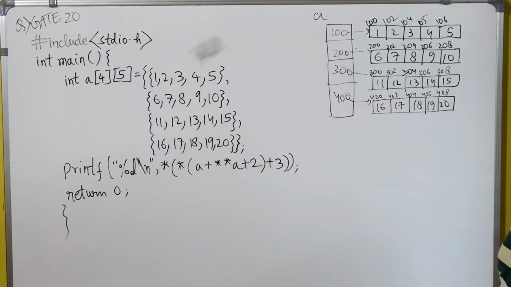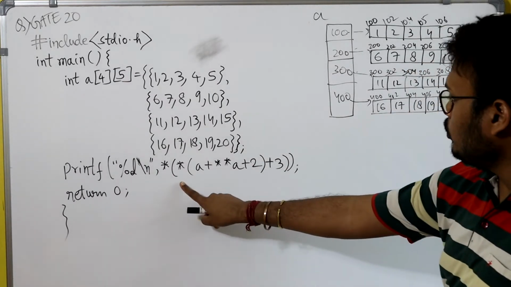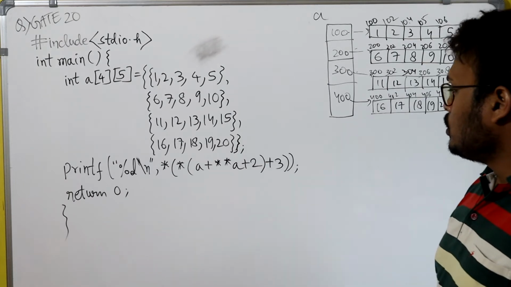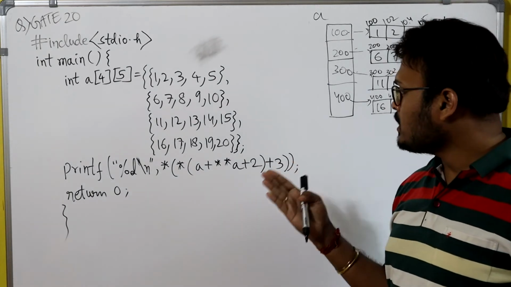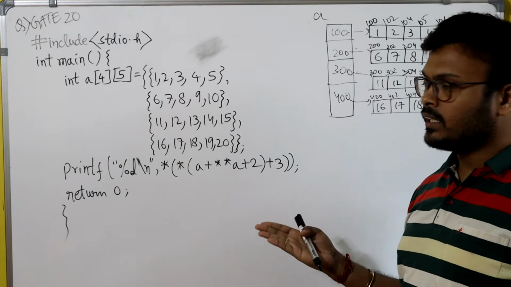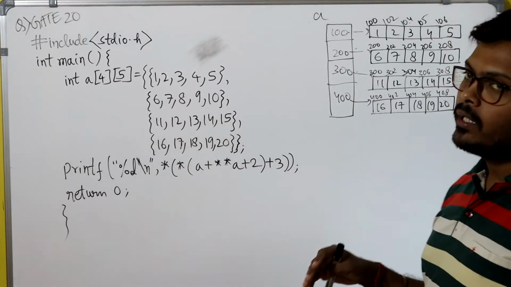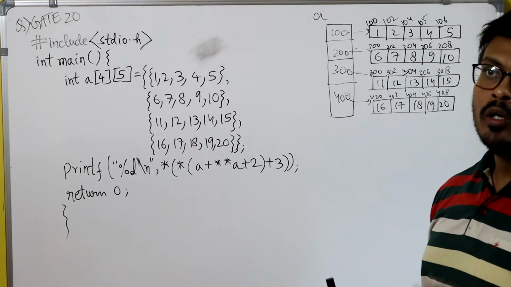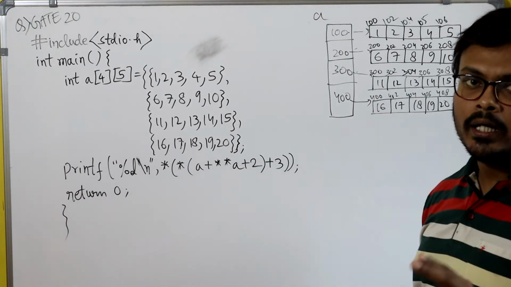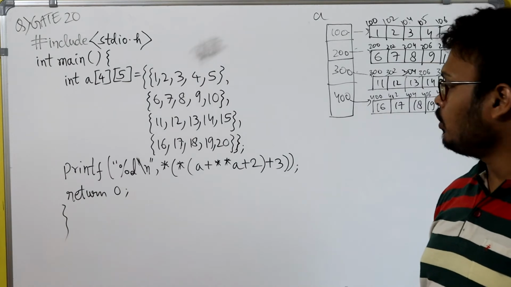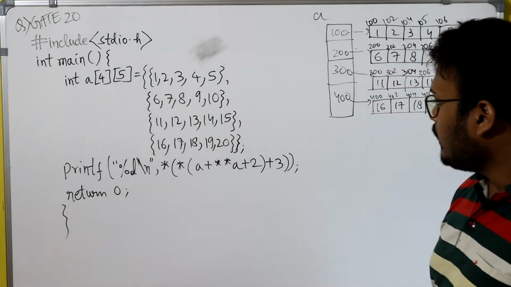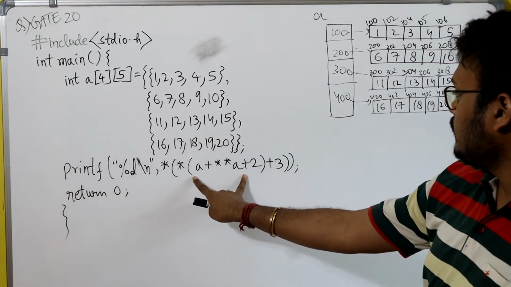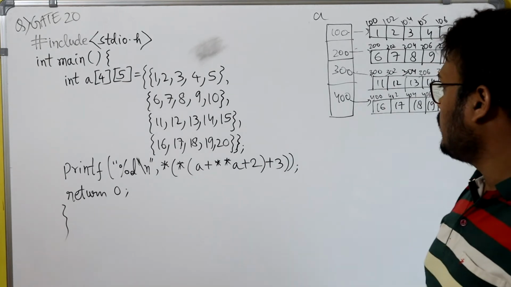Now let's come to this part. As per the associativity and precedence rule, we know that the bracket has the higher precedence, which means whatever is present inside the bracket will be calculated first. So here you can see that this part has the highest precedence.